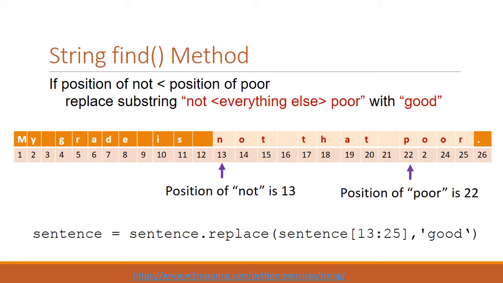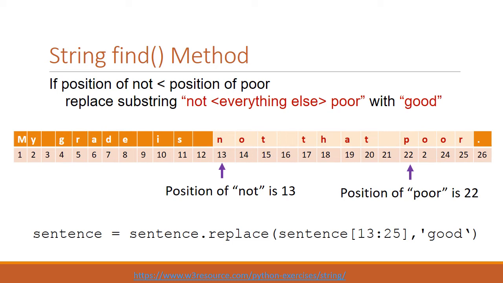So when we write our program, we'll use the find method and we'll look for the substring not. The find method will return 13. Then we'll use the find method and we'll look for the string poor. And the find method will return the value 22.